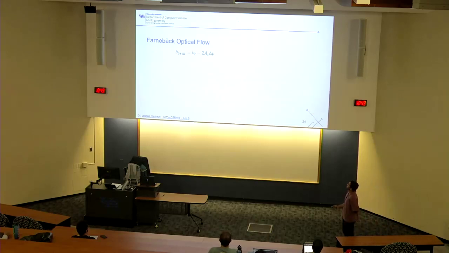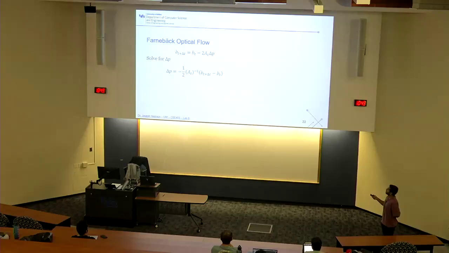So the first thing to solve was the equation for the B term. And we want to find flow. So we solve for delta P, move stuff around a little bit, which rearranges to that. And least squares over a small neighborhood.